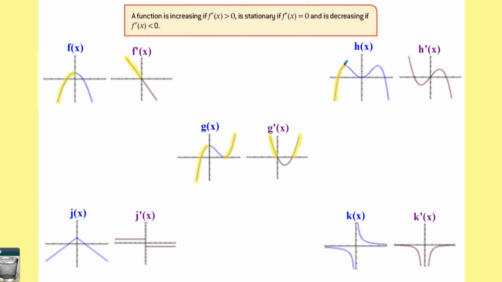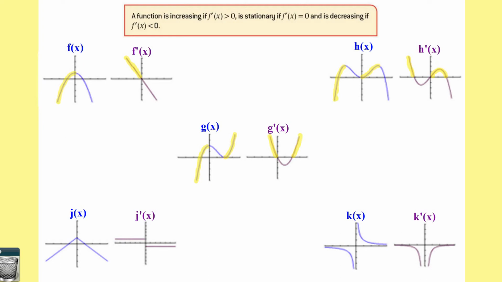That part's increasing. So the same x values on my derivative have to be above 0 because it's a positive slope. Again, these values right here are increasing, positive slope. So the same x values over here are going to be above 0. All those values in the same portion are just y above 0.